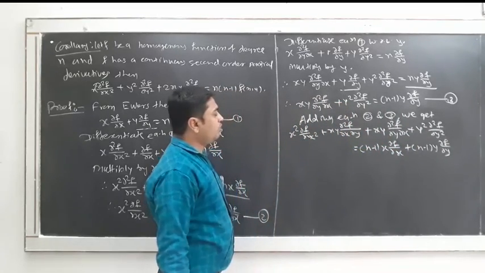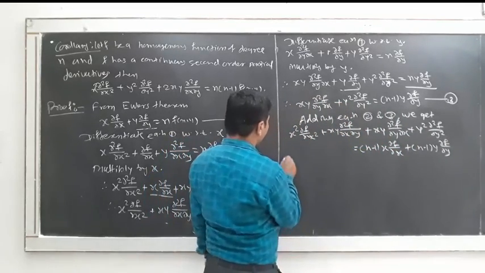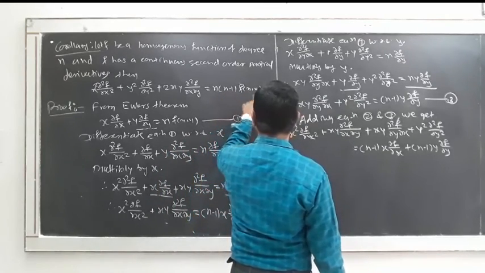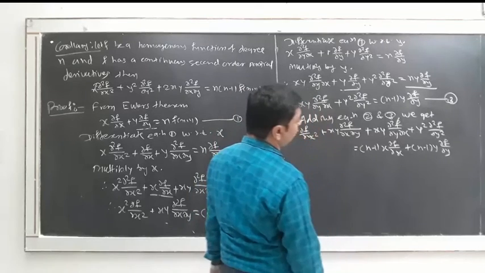Okay, so what we need here is n into (n − 1) into f(x,y).